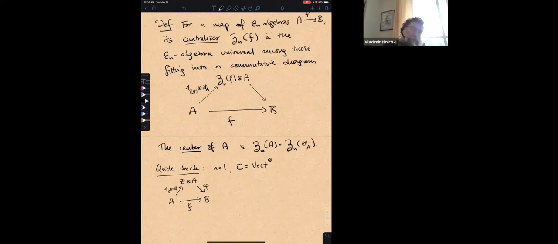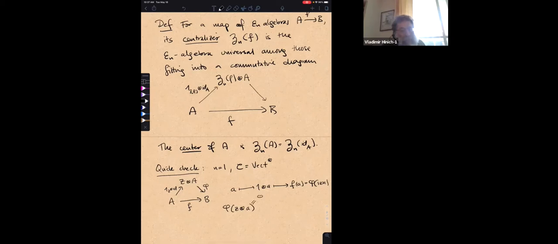Well, so here A, if you go up, goes to 1 tensor A, and then it goes to F of A, which is phi of 1 tensor A. But I want you to just notice that if I take some other element, little z in Z, there's two ways to compute this.